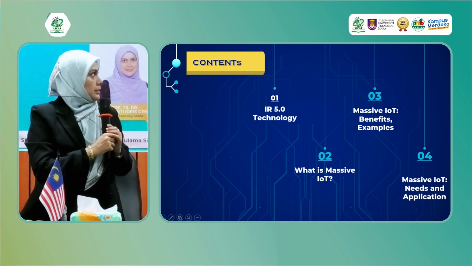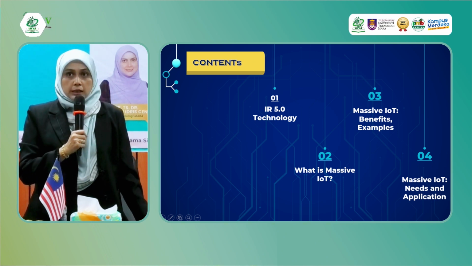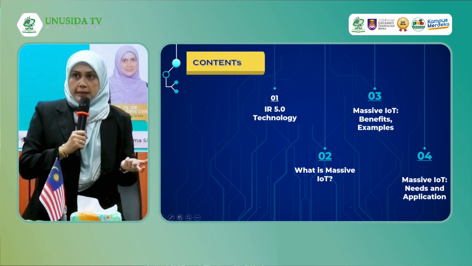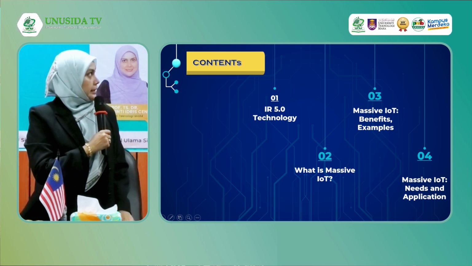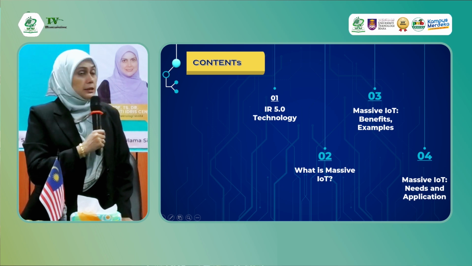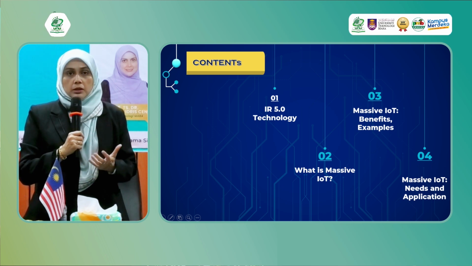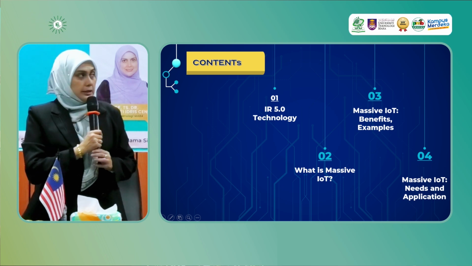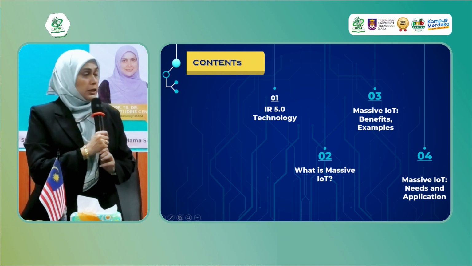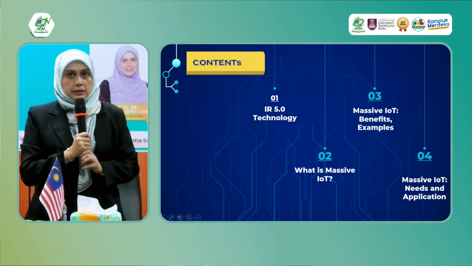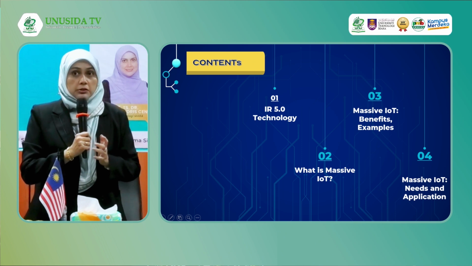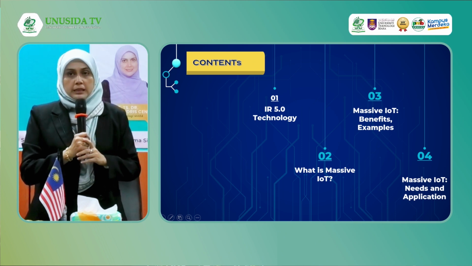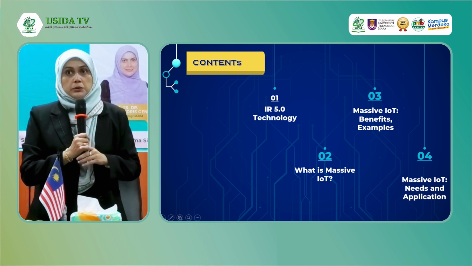Then, what is massive Internet of Things, and what is the difference between IoT and massive Internet of Things? The third is the benefits and examples of massive IoT. The last is massive IoT needs and applications, where I will show examples of the needs for massive IoT and the applications currently used for it.